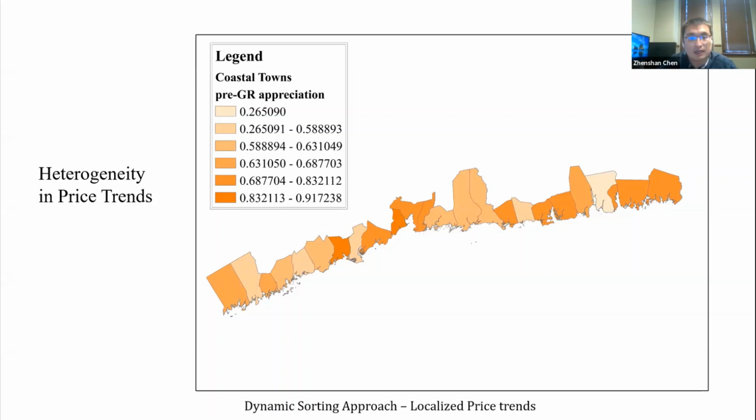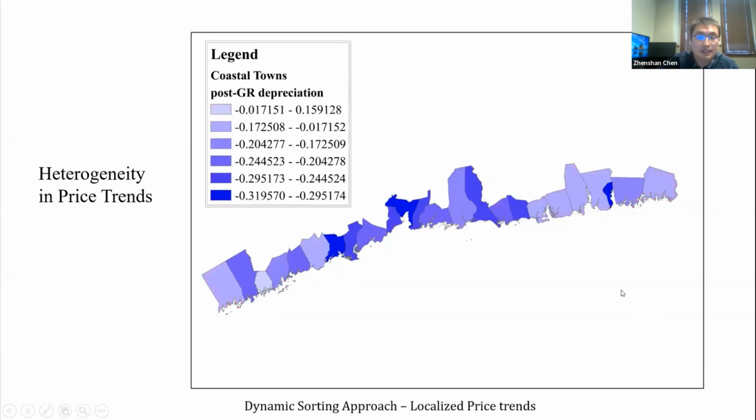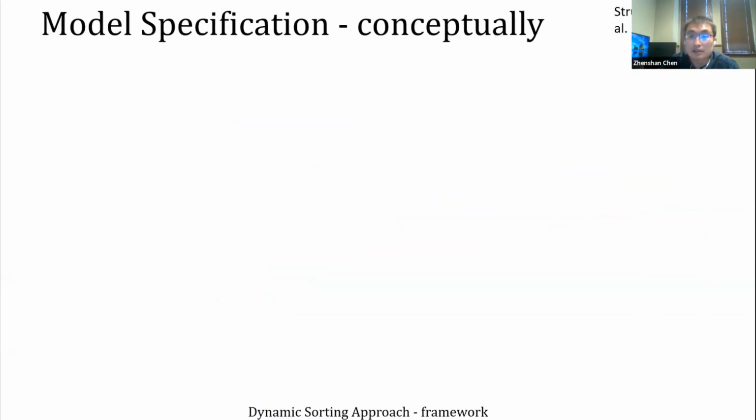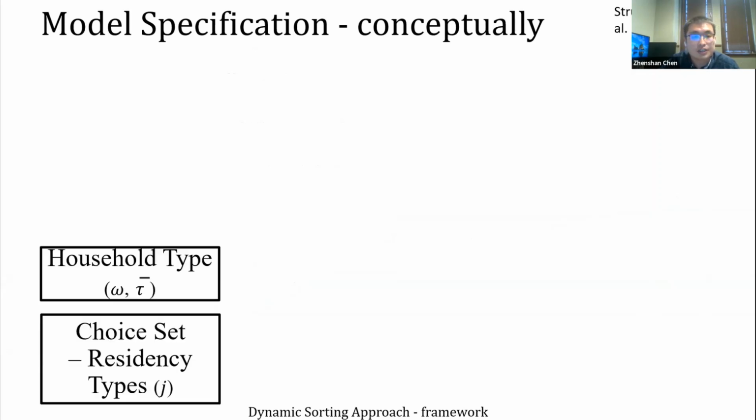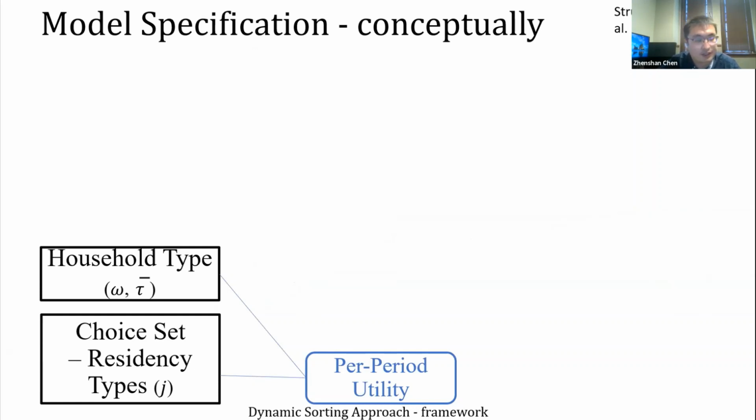That's the annual appreciation rate. Looking at the post-Great Recession depreciation trend, we also have a lot of heterogeneities, slightly less than what we have in the appreciation trend. So that's to say our basic assumptions generally hold in this region, in this market and this period.